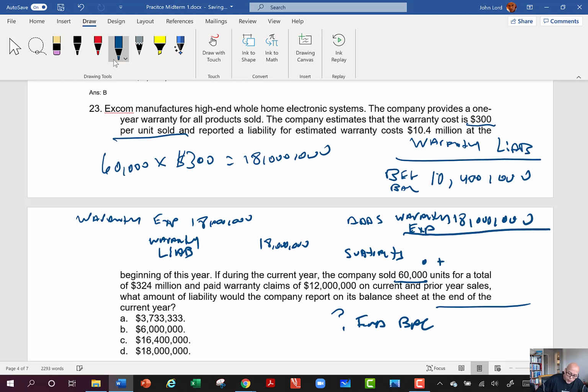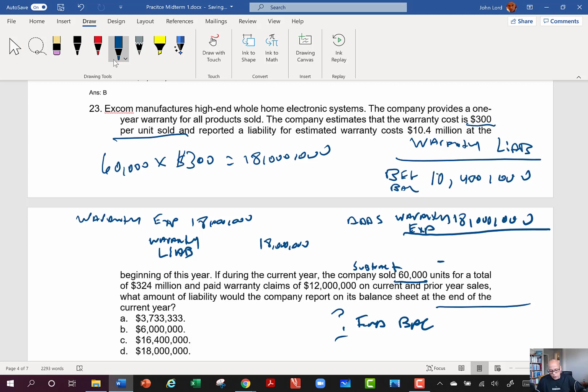I'm going to have to put my subtract down a little lower. Although a subtotal isn't really necessary here, because they're asking me the ending balance.